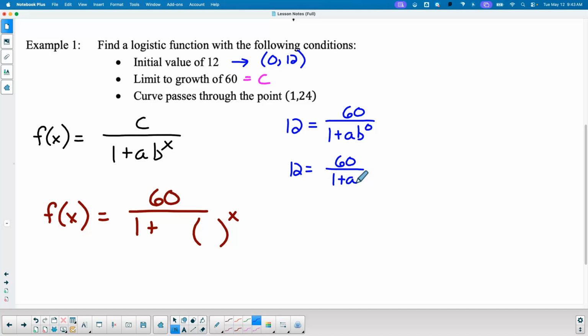How am I going to solve that for a? I'm going to solve that for 1 plus a? So multiply by 1 plus a on both sides.